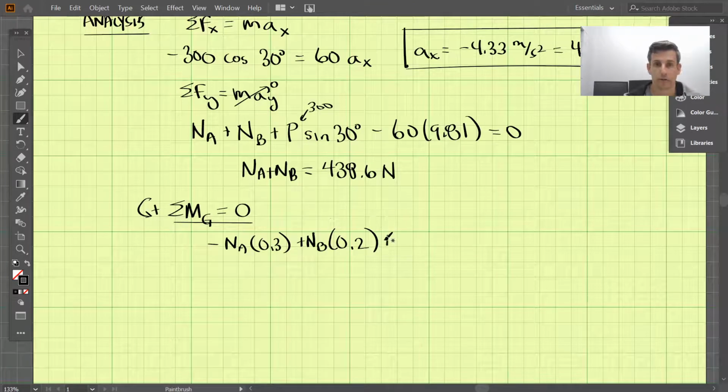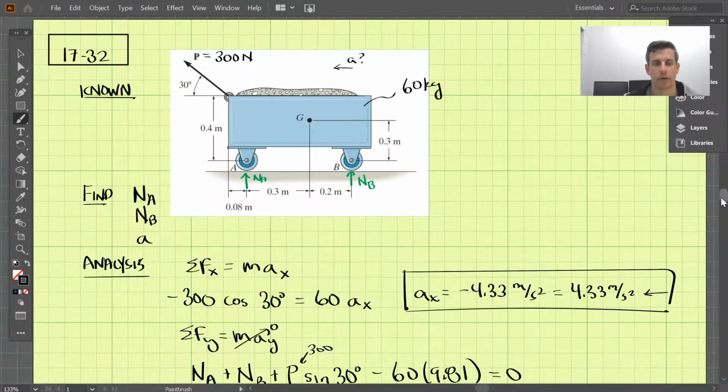So we have plus 300 cosine 30 degrees as the horizontal component, and the distance it's acting away is 0.1, because that's 0.4 minus 0.3.